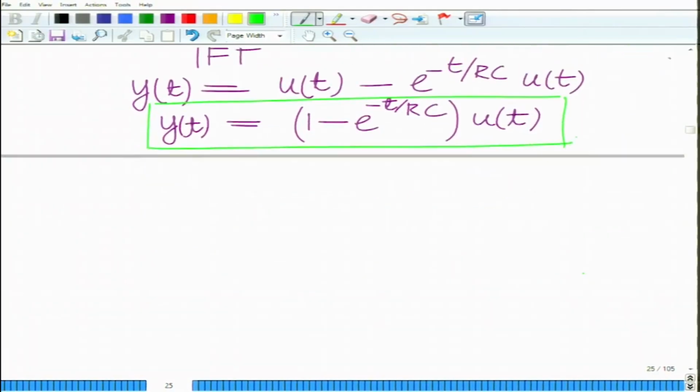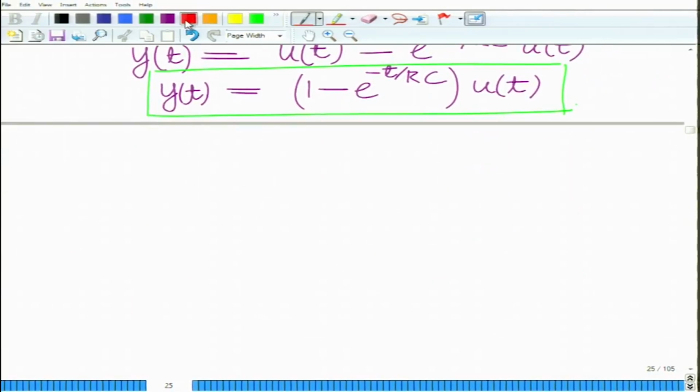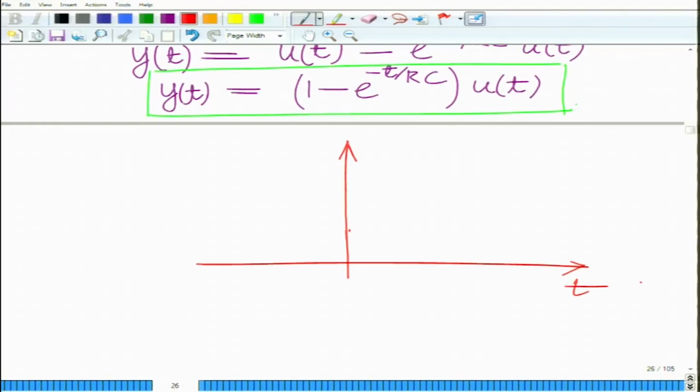And if you plot it, it is going to look something like this, which is something you must have seen before. So, I have the time axis, this is the unit step u(t), and if you look at the response of the RC circuit, it starts from 0, it is 1 minus e raised to minus t over RC.